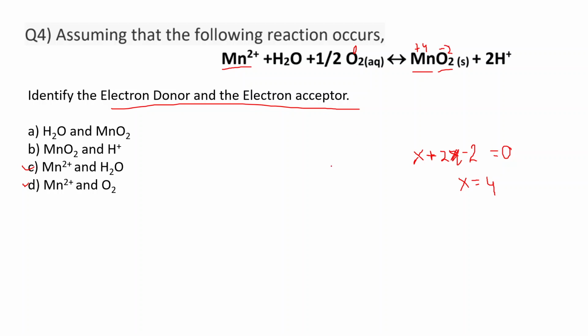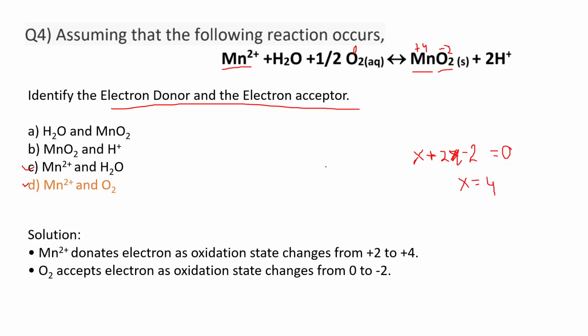Right? So we got our answer, right? So Mn2 plus, it's written here also, it's changing from +2 to +4, and oxygen is changing from 0 to -2. Why does it have 0 oxidation state? Because in elemental form any gas will have zero oxidation state.